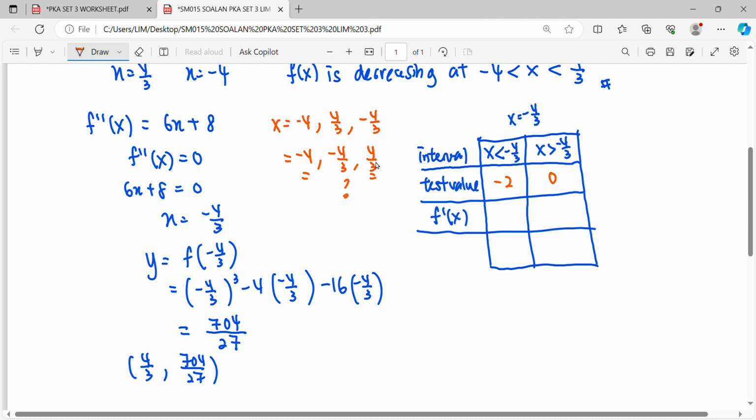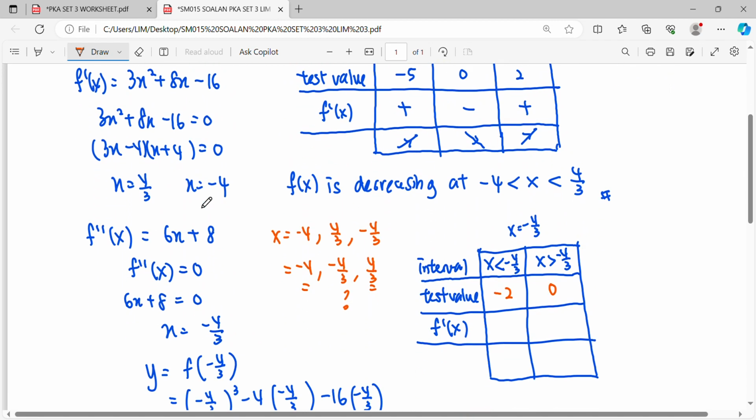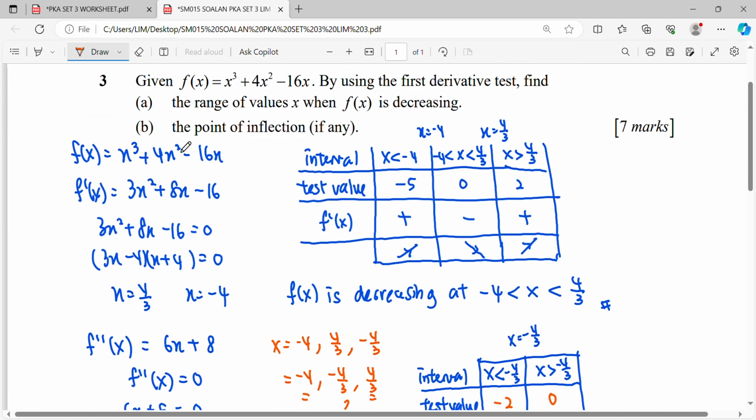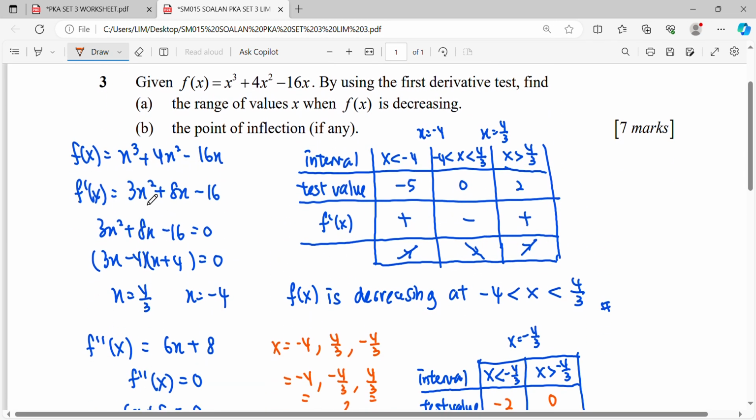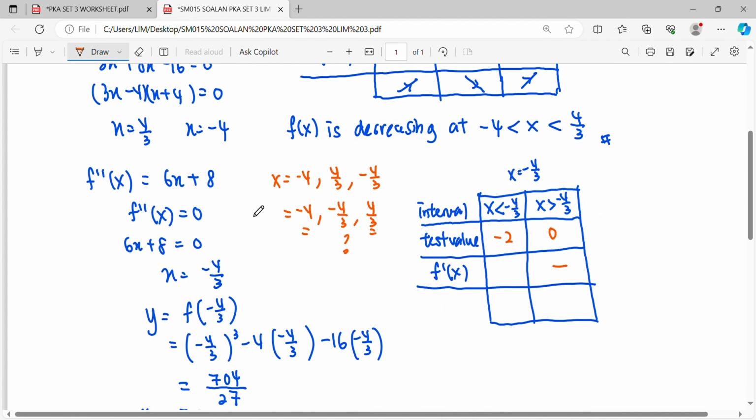When we substitute into the first derivative, -2 gives negative and 0 gives negative as well. Going down, going down.